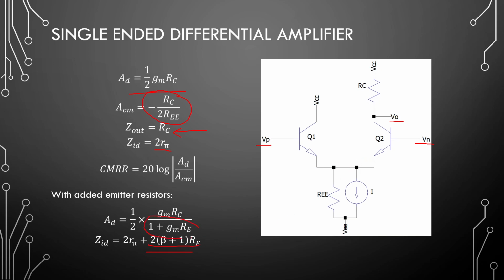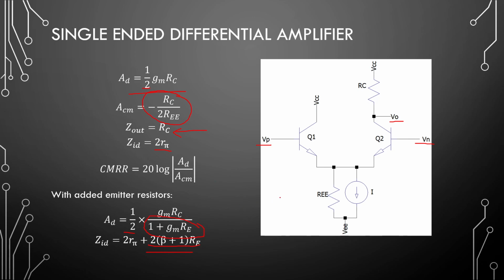And for the gain, when adding emitter resistors, it is degenerated, and we will have half the gain, just like we had with the one without emitter resistors.